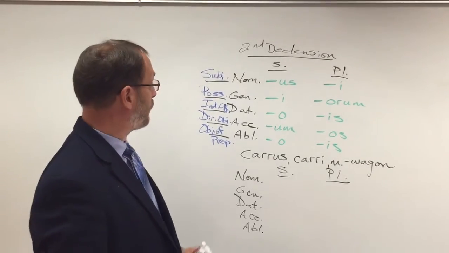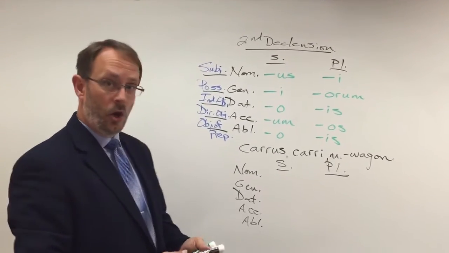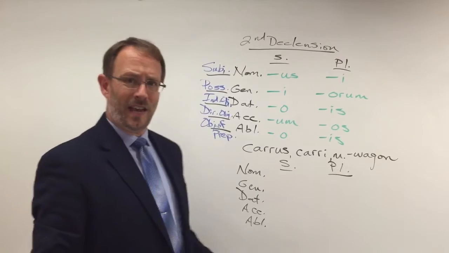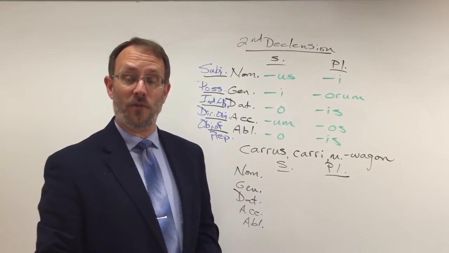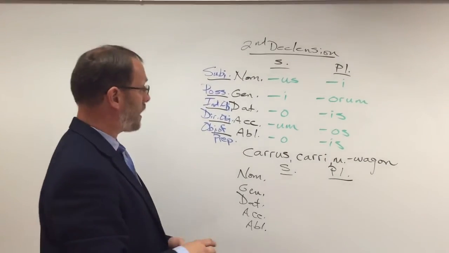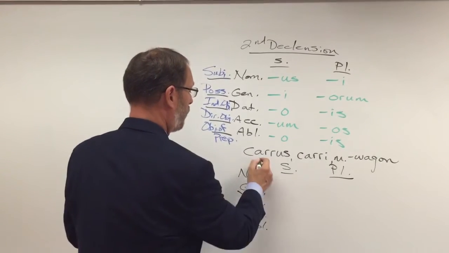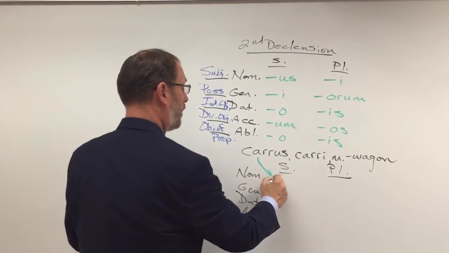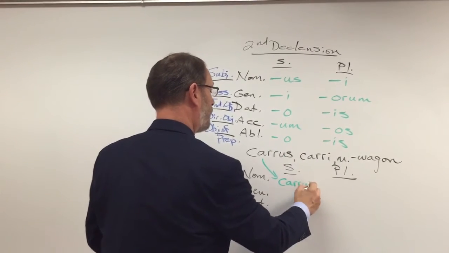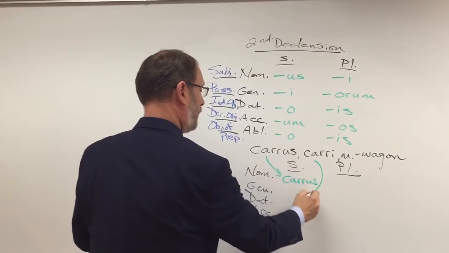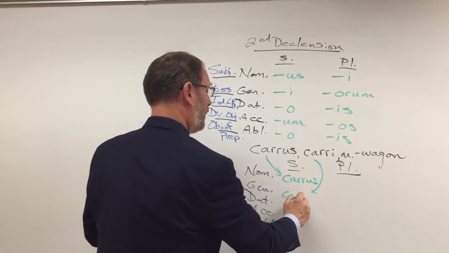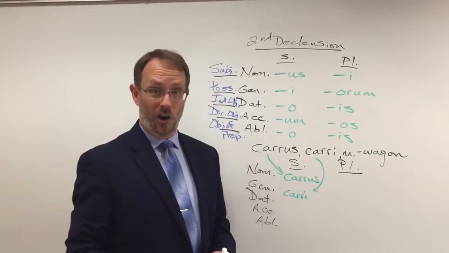All right, if you follow the steps, then you know what to do. You say, wait, what steps? Well, it's the same steps as with first declension. As we said back then, the nominative singular, we're just going to draw that right in from the dictionary entry, carrus. Genitive singular, we're going to draw that right in from the dictionary entry, carri.